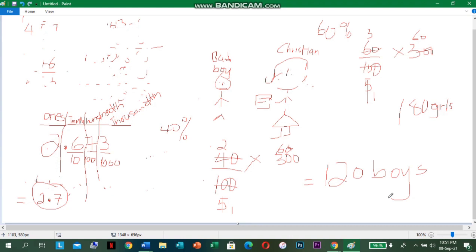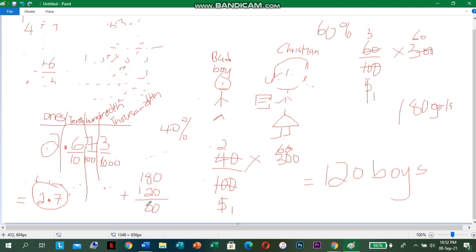Now, when we add the girls' number and the boys' number, we must get back 300 students. So let us see if we are correct. So 180 plus 120, to see if we get back our 300 students. 0 plus 0 gives us 0. 2 plus 8 gives us 10.